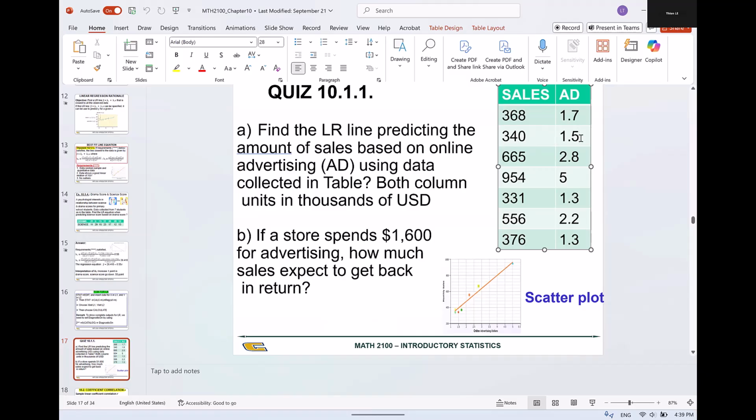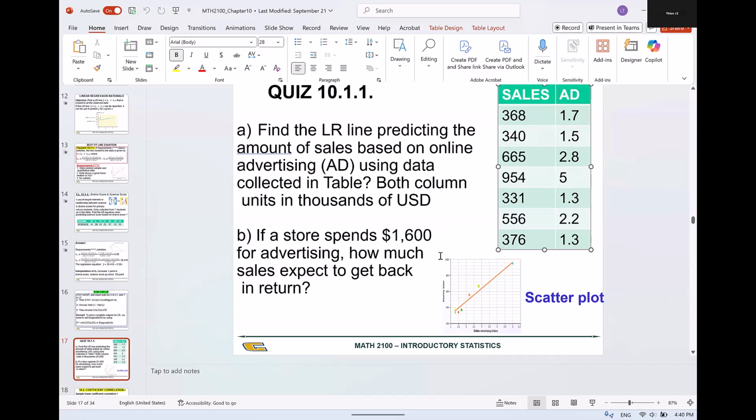This month they spent 1.5 and they got back this much. This month they spent 2.8 thousand and they got $665,000, and so on, right? So the first question is to find a linear regression line predicting the amount of sales. So the y variable is the sales and the x variable is the advertising.